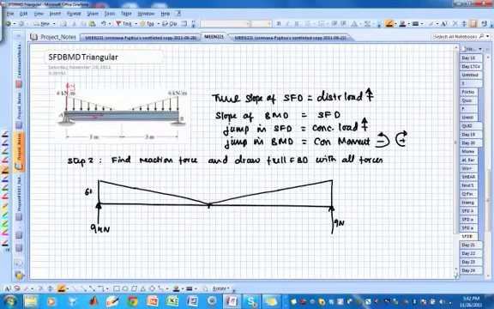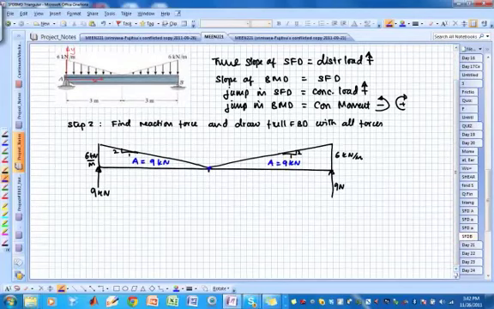This is 6 kilonewton per meter, and this slope is 2:1. All these things we have to compute. Area equal to 9 kilonewton. Notice that the slope here is 0.